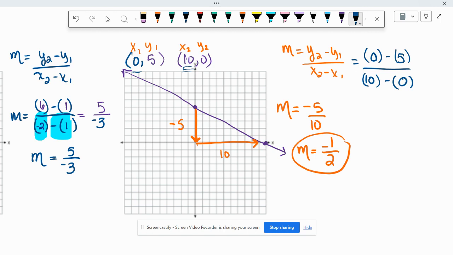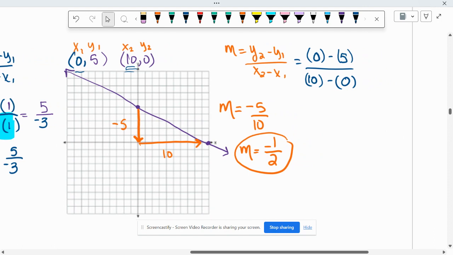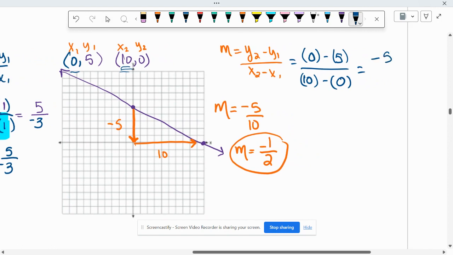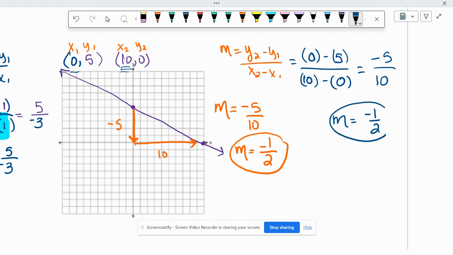Good job. All right. 0 minus 5 equals what? Equals negative 5. 10 minus 0 is what? Can I reduce that to what? Yeah. I take a half point off if you don't simplify your fraction.